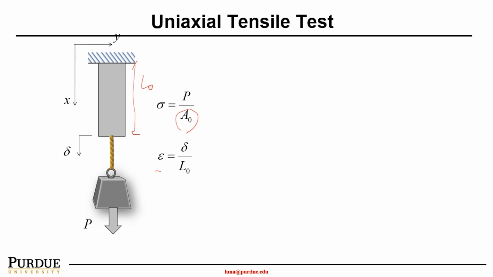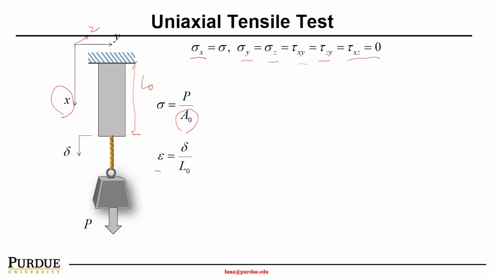Again, let's define the conventions. You have the x direction going this way, this is the y direction, and this is the z direction. In this case, the tensile stress sigma should be equal to the stress applied in the x direction. As such, in the y direction, the z direction, and the shear, they are all equal to 0.